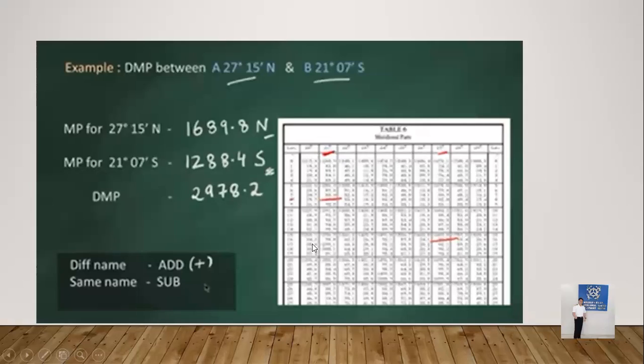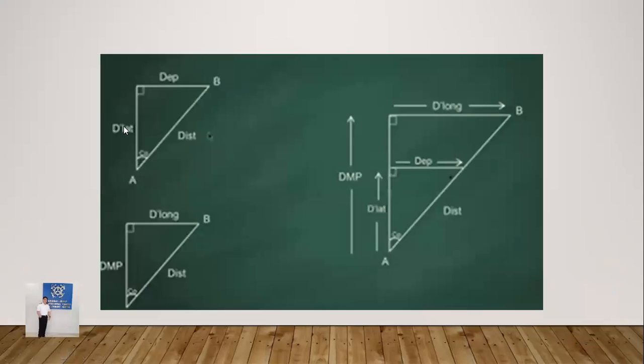Now, looking back at the formulas from our previous topics, from the plain sailing formula, it's DLAT, departure, and then the distance. If it's less than 600 nautical miles, you can use the plain sailing formula. If it's more than that, then you have to use the Mercator sailing formula. Combining it will be this diagram, or a triangle.